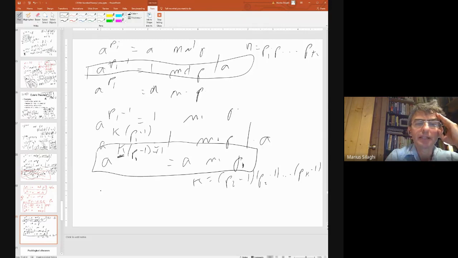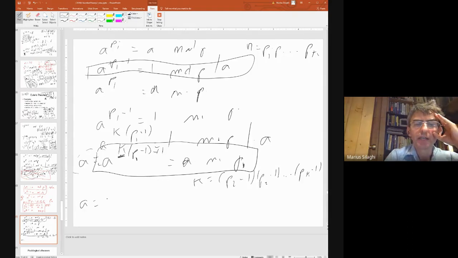Then let's write the same relation. This was congruent with A, from here. Let's write the same relation for p2. A was also equal with A at power a multiple times p2 minus 1 plus 1 mod p2. Let this k here be another k.